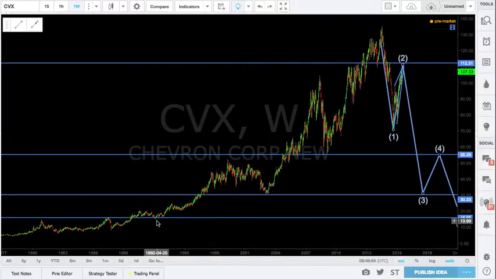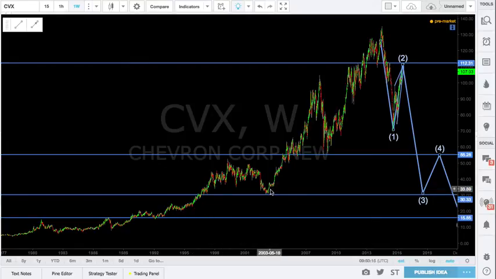And then around about 2000 you can see from here an impulse and then a correction. Impulse and correction. The impulse is where it makes a strong move, and a correction is where it's basically going sideways and pulls back, but doesn't pull back the whole way.